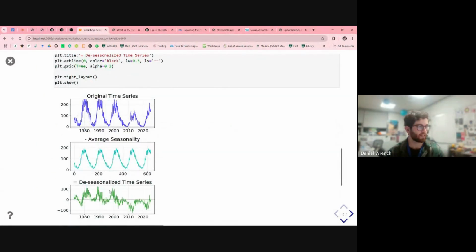You can see that in our deseasonalized time series, in this green line here, where we see points far above 0 at the peaks of the cycle. Those peaks are much higher than later on. And similarly, with that very small cycle at the peak, we've got very small values there.